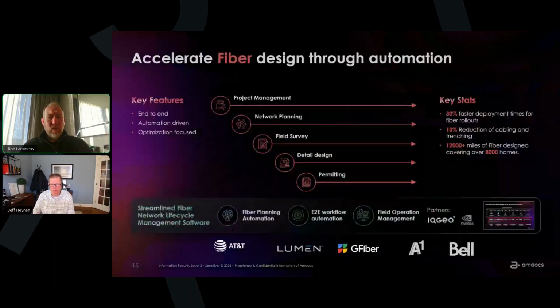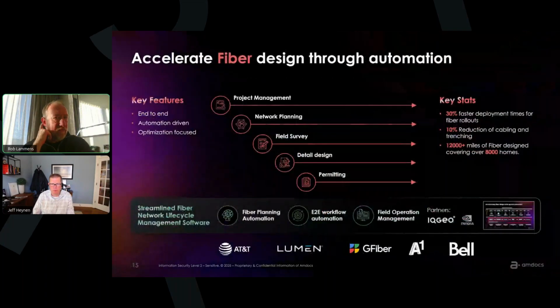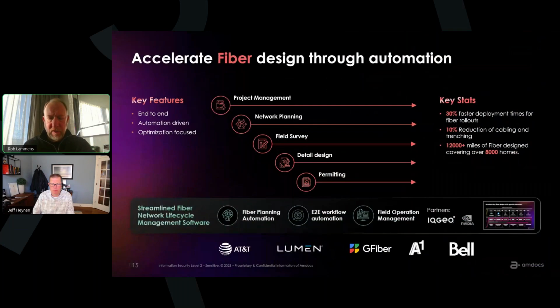The way we really differentiate inside of Amdocs, and this is where I think the key to the conversation lands that Jeff was mentioning around fiber optimization and design efficiency, comes from an AI-focused aspect that we are working to implement and have currently implemented in certain areas of the design process. Obviously, from an end-to-end standpoint, we bring all of our AI capabilities through billing and OSS all the way through design.